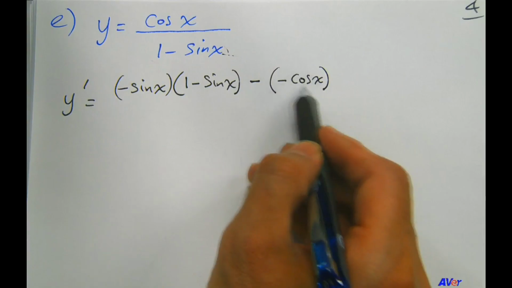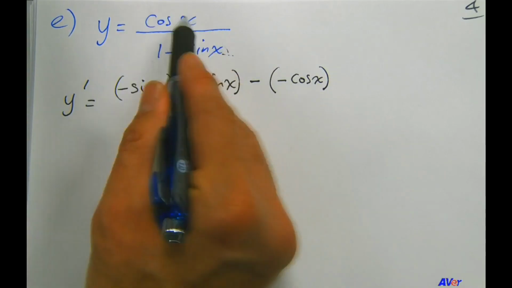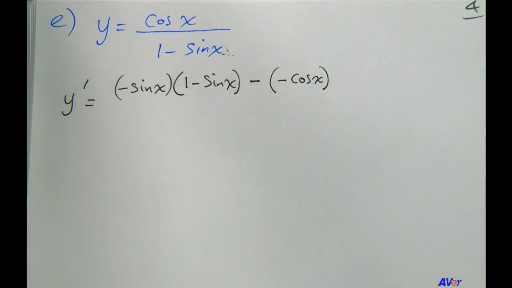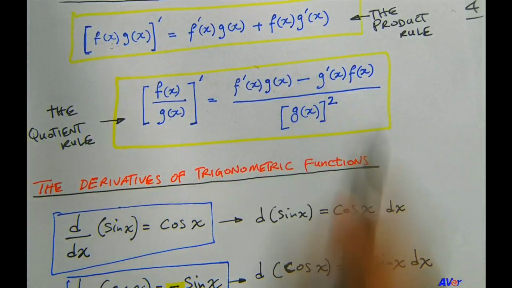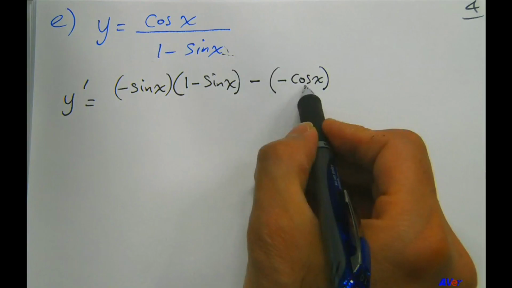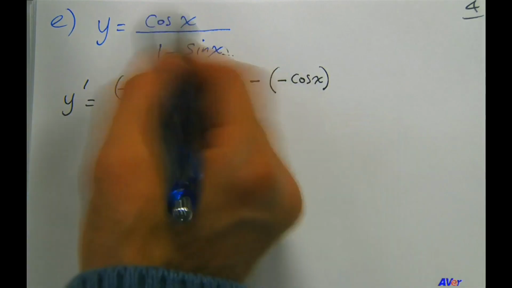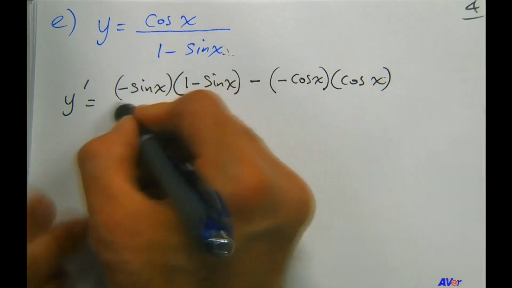What you see in the parentheses is the derivative of the denominator times, and this minus is part of the formula, remember? Minus, that's that minus, and then g prime of x, in our case, is minus cosine of x, of course, times the function in the numerator, which is cosine of x.